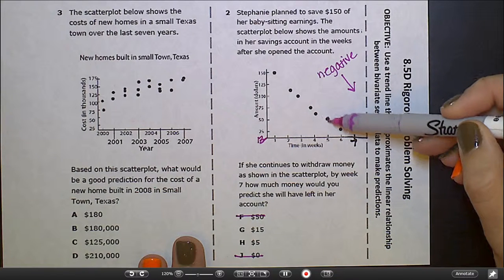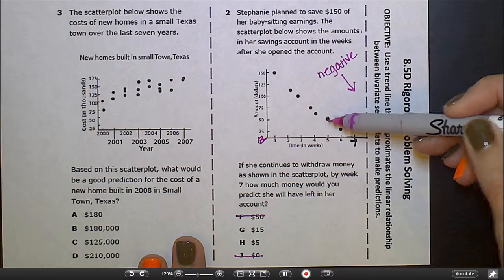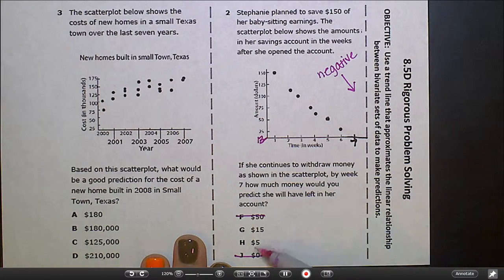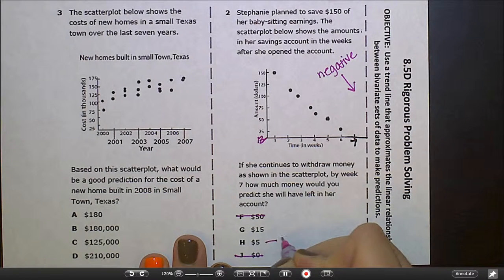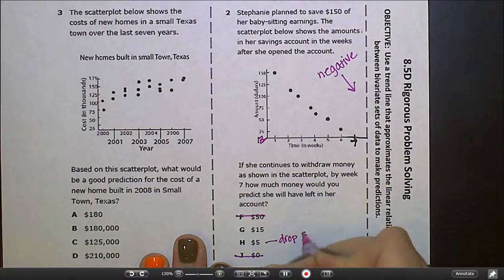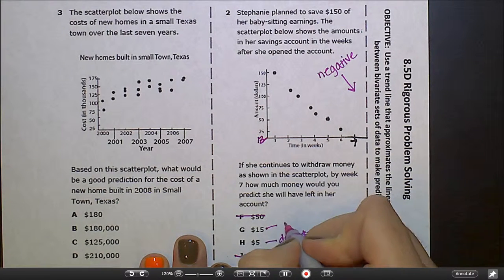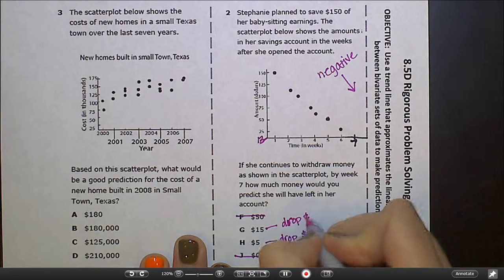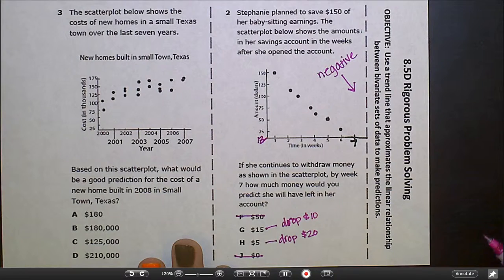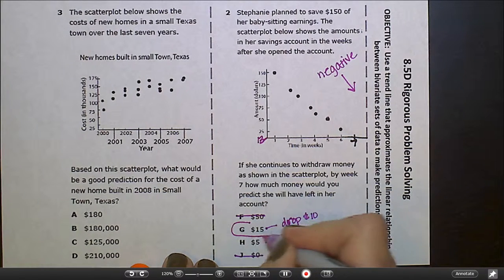But usually it's a drop of maybe $10 to $15. So for her to get down to $5, that would be a $20 drop. And for her to get down to $15 would be about a $10 drop. So the correct answer on this one is G, $15.